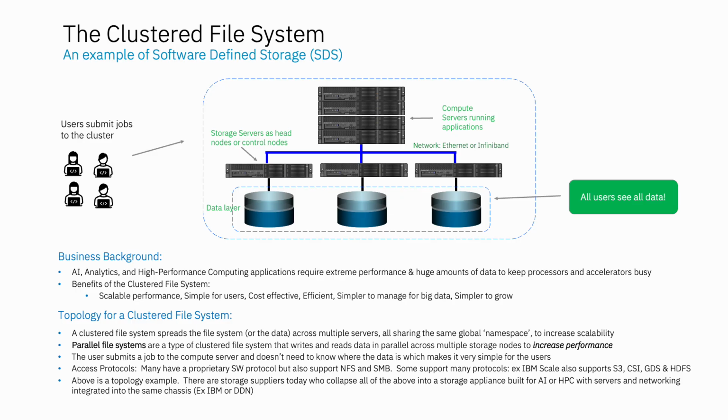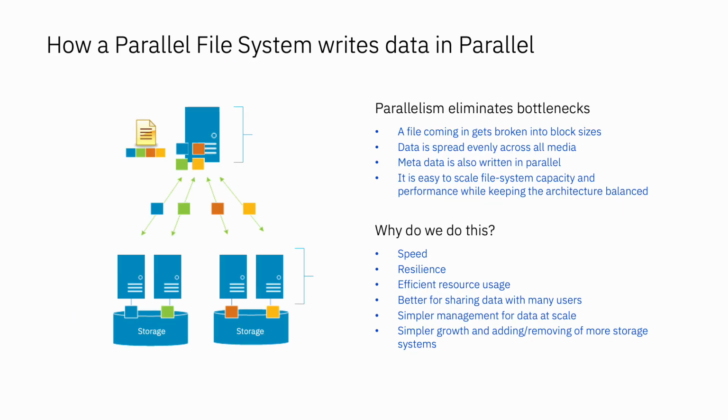Okay, so this is all one D drive or Mac OS Finder window to the users. So all users can see all the data, right? It's like what we talked about in tiering. So this is an example of the same capability, but with what we call the clustered file system.